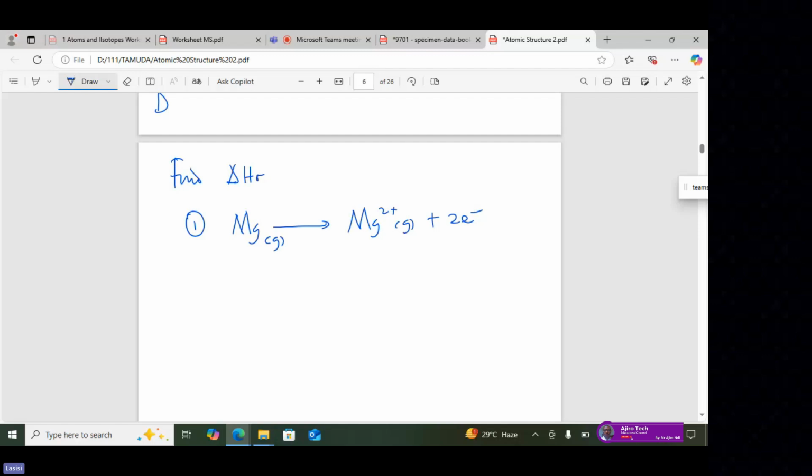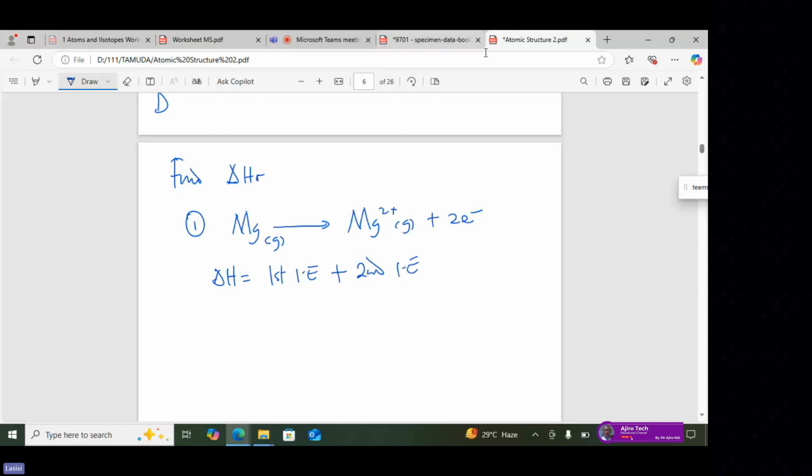Now this one means both of them together. This one is first and second. Do you agree? So the energy is the first IE plus the second IE.